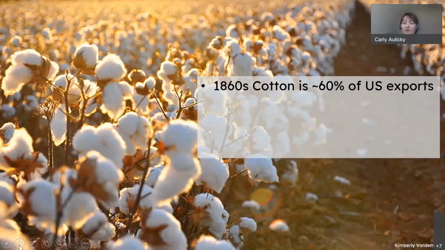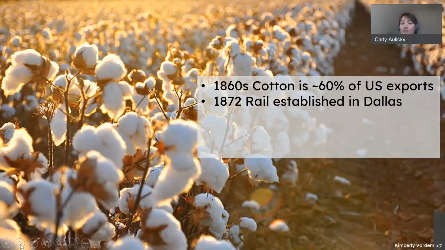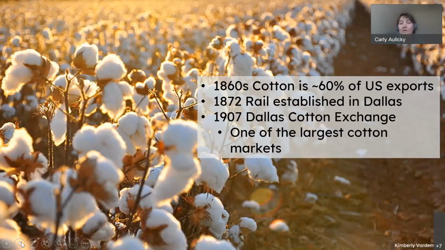If we look at the tall grass prairie nearby Dallas, this story actually starts with the cotton rush. Around the 1860s, cotton was a major majority of US exports. Once we see the combination of developing rail systems, with the rail hitting Dallas in 1872, we start seeing a massive cotton boom nearby, which put a tremendous pressure on the tallgrass systems around the city.